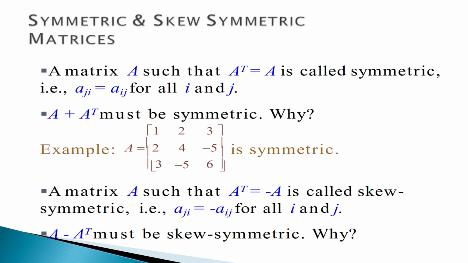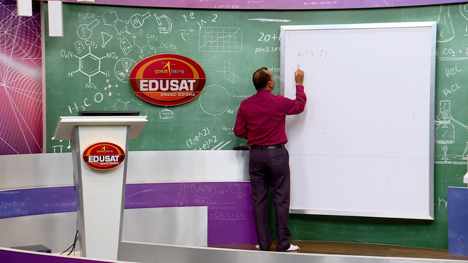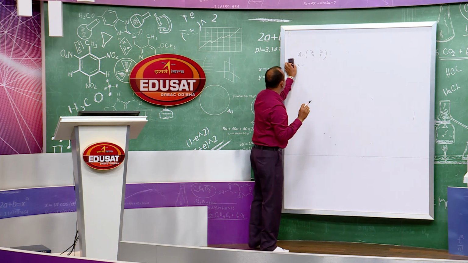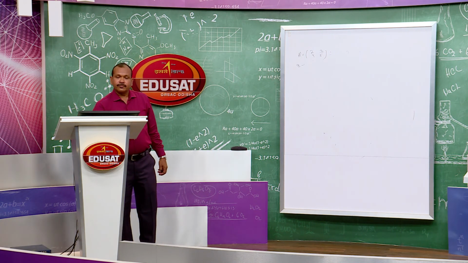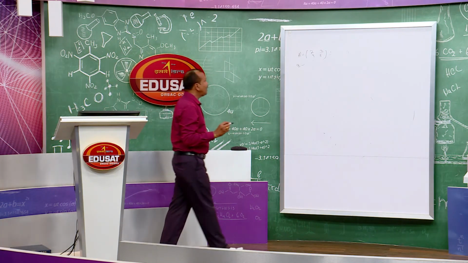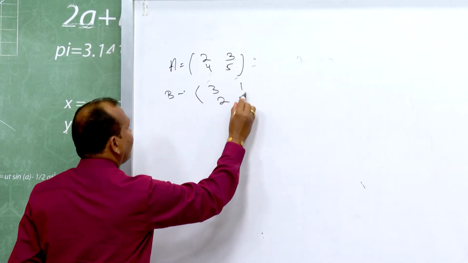Now we work out the practice problem 1. A is the matrix 2, 3, 4, 5 and B is the matrix 3, 1, 2, 5.